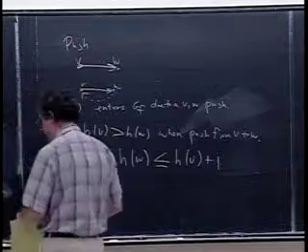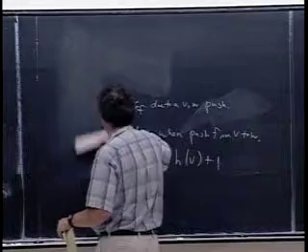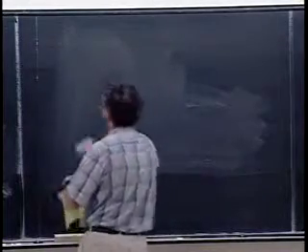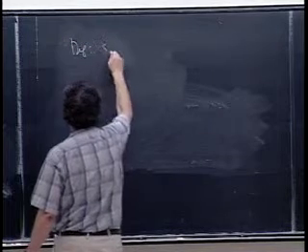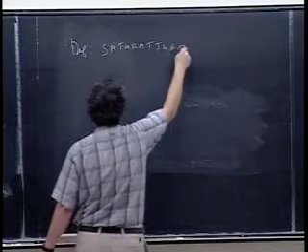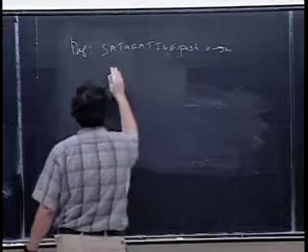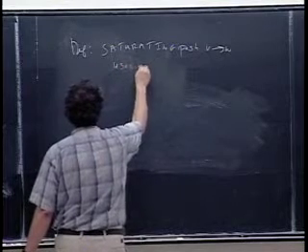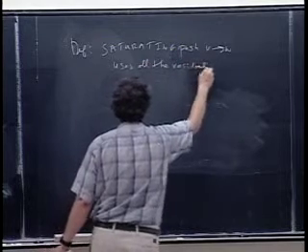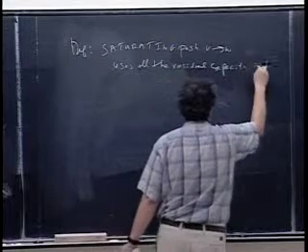So a saturating push is one where you actually use up all of the capacity in that edge. Definition: a saturating push from V to W uses all the residual capacity in VW.